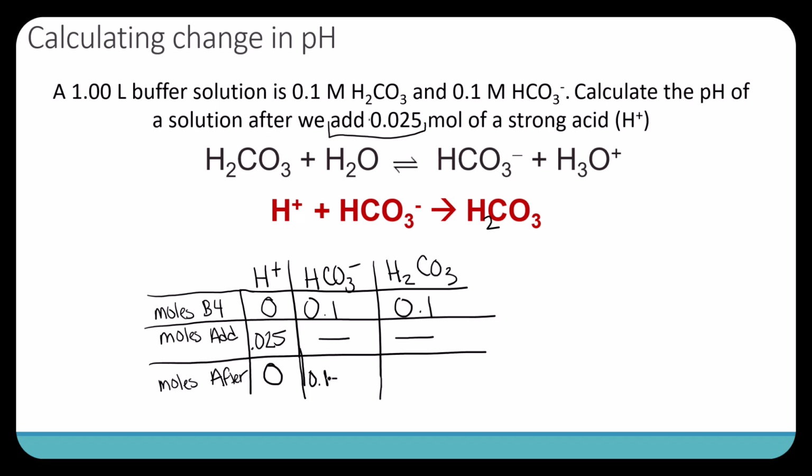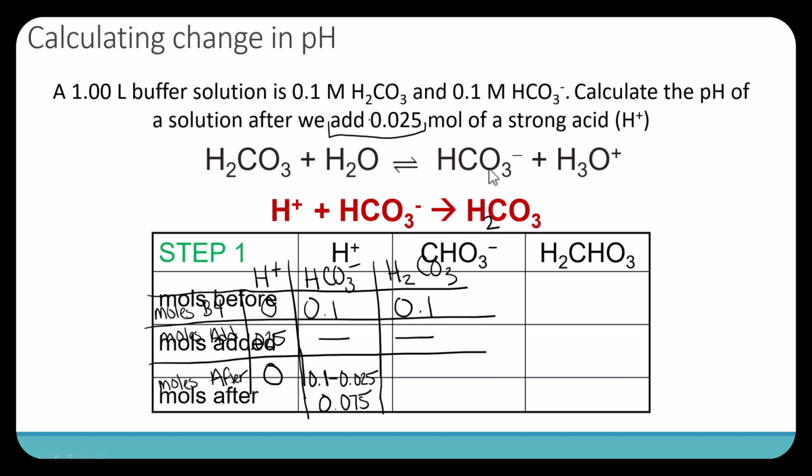It's going to go down by whatever was added, by 0.025. It's consuming the strong acid. So I can do 0.1 minus 0.025. And at the end of all this, there's 0.075.